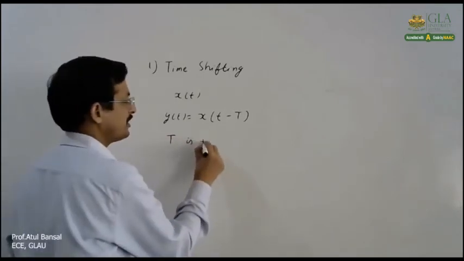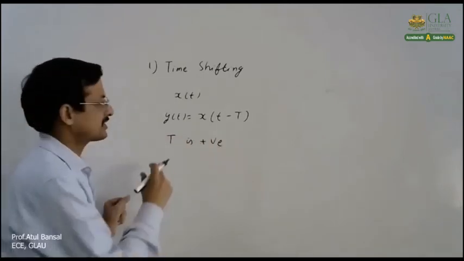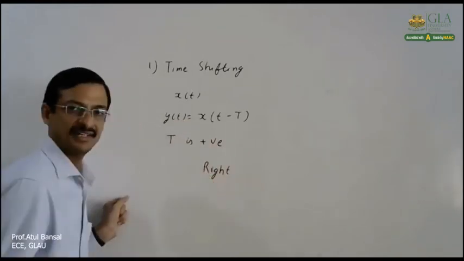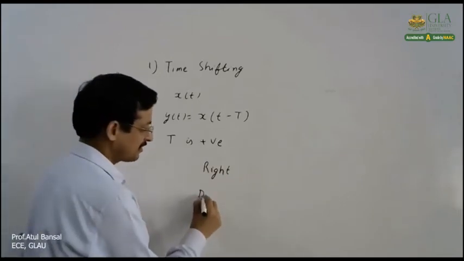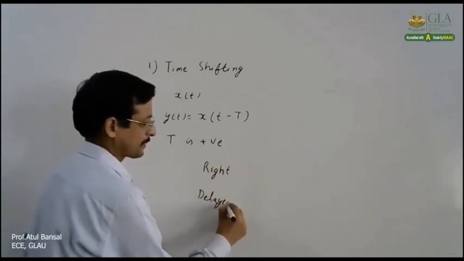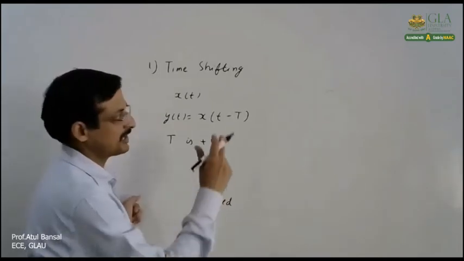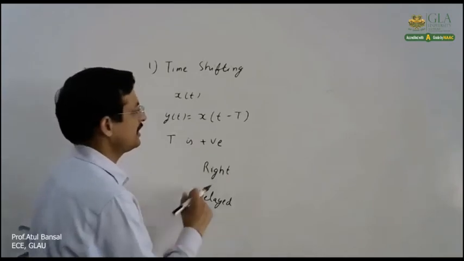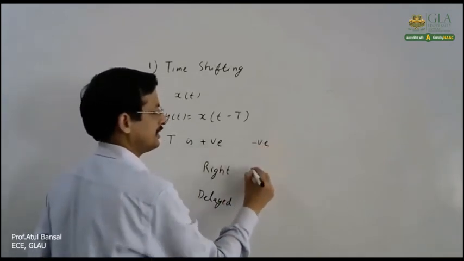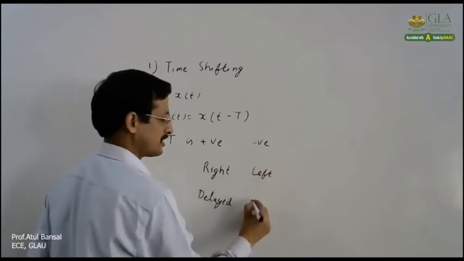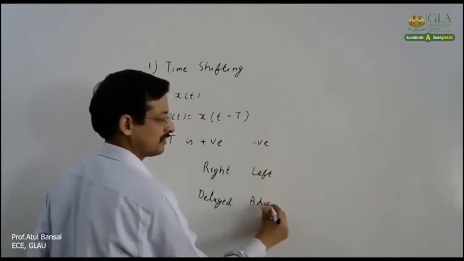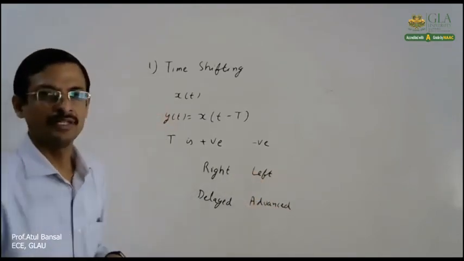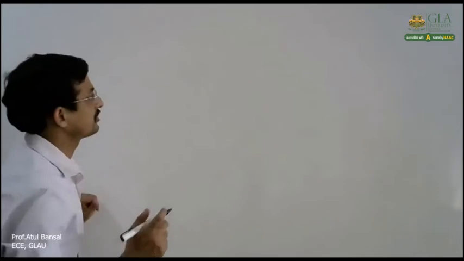If T is positive, the signal will get shifted towards the right hand side, and we say it gets delayed. We will sketch it by taking an example, but right now you can note down what it means. And if T is negative, the signal gets shifted towards left, and we say it gets advanced.